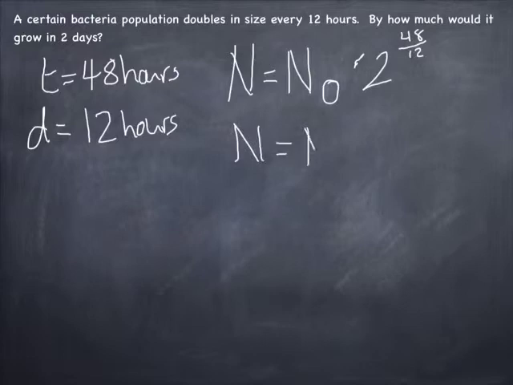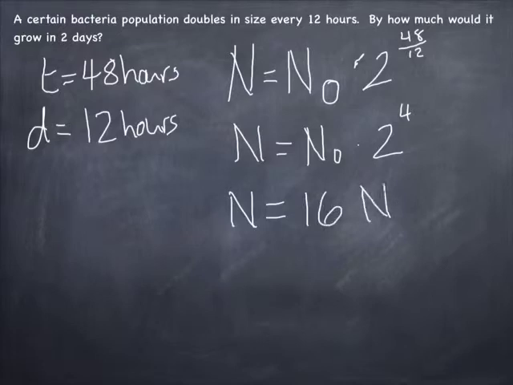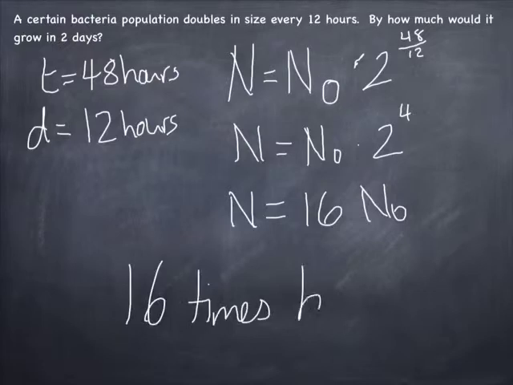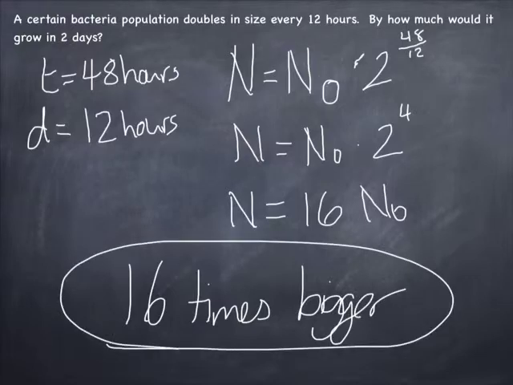N equals n sub 0 times 2 to the 4th, 2 to the 4th is 16, so n equals 16 n sub 0. So after 2 days, it'll grow by a factor of 16. It'll be 16 times bigger, or 16 times larger in 2 days.